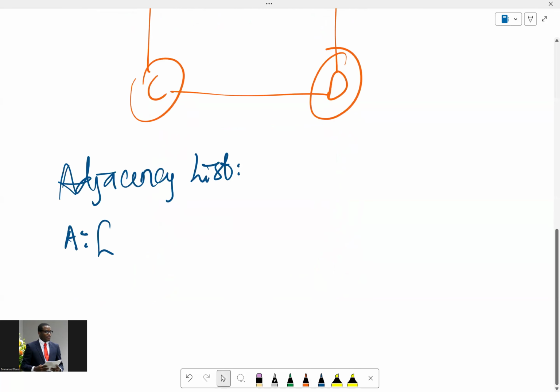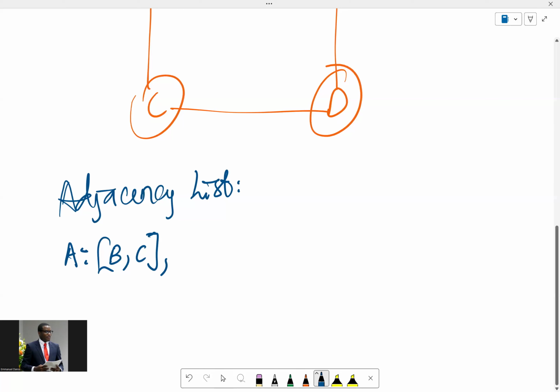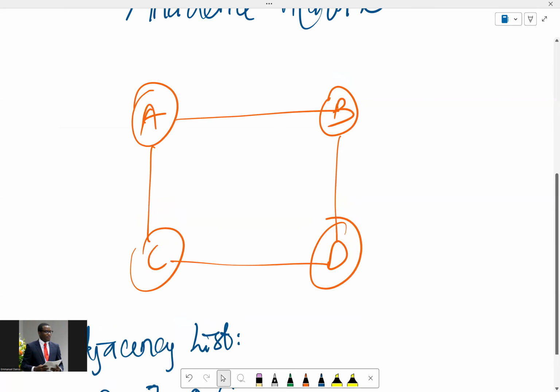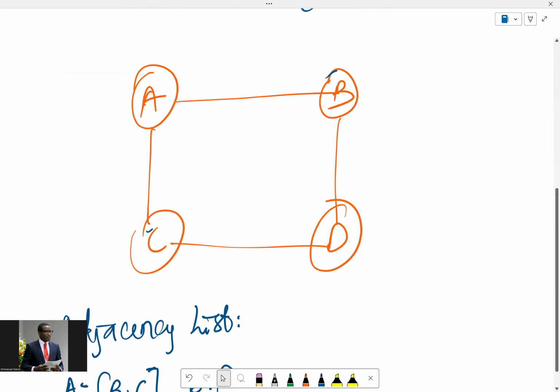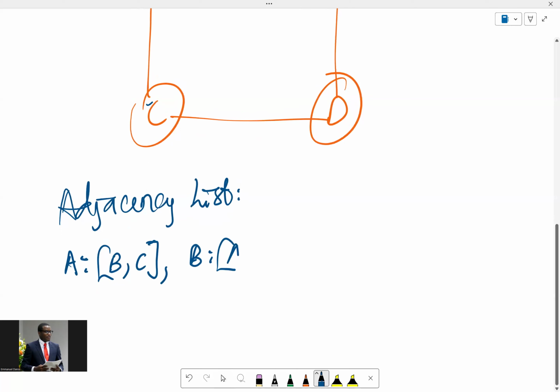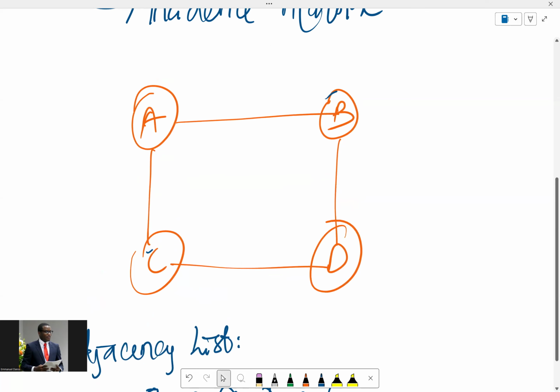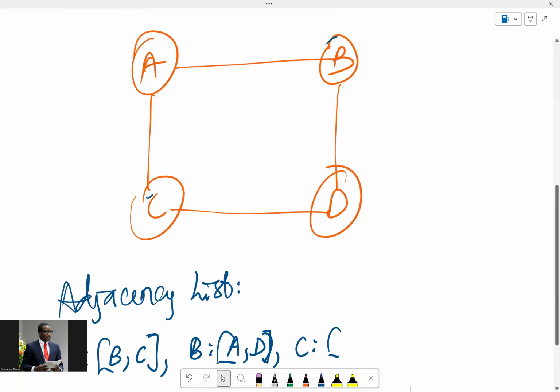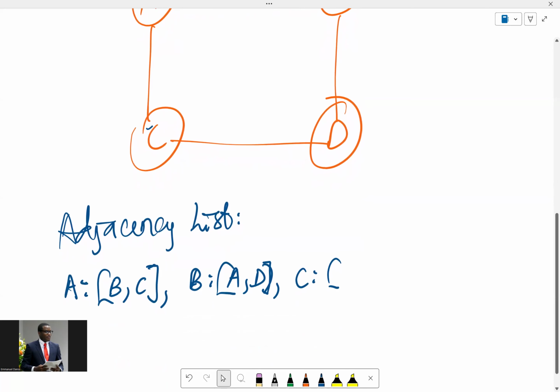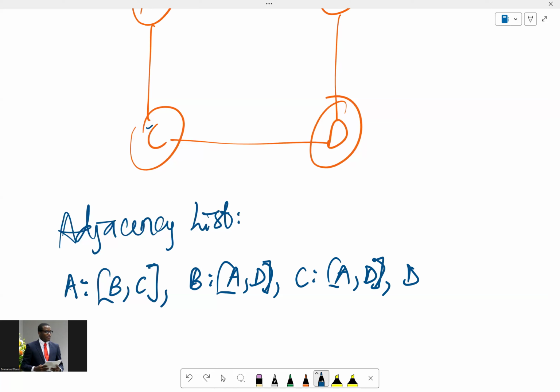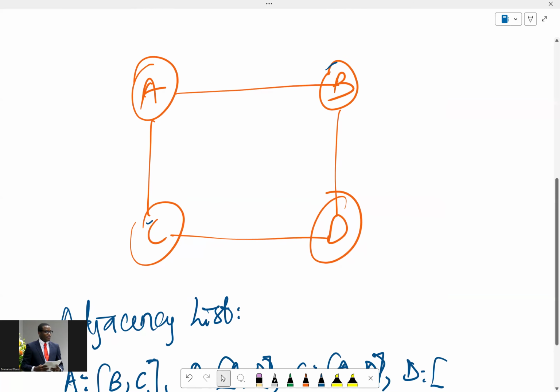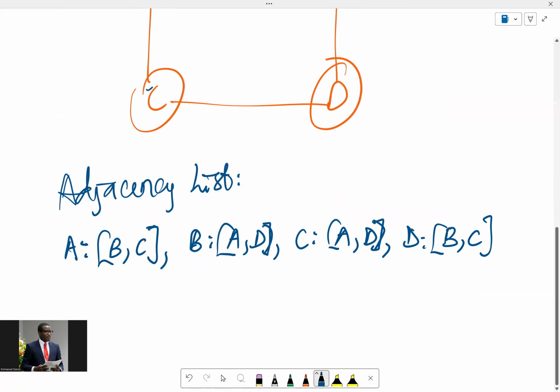So connected to A, you have B, C. Then take node B: B is connected to A and D, so we have A, D. If you take C, C is connected to A and D. And lastly, we take D, and D is connected to B and C. So that is the idea of the adjacency list.